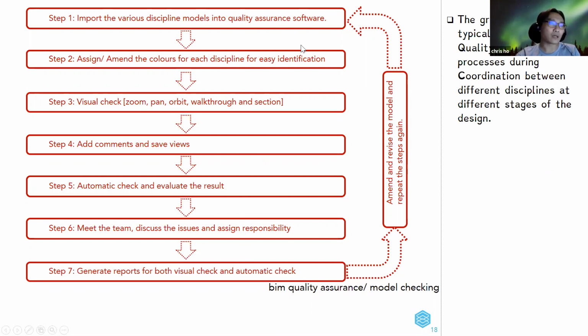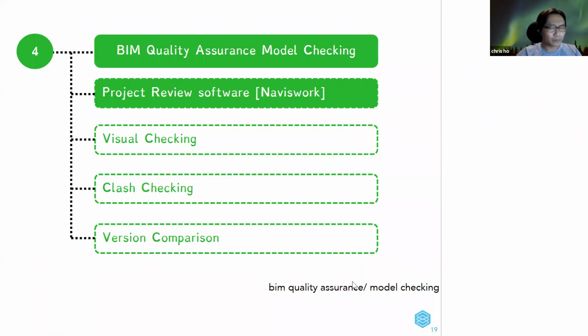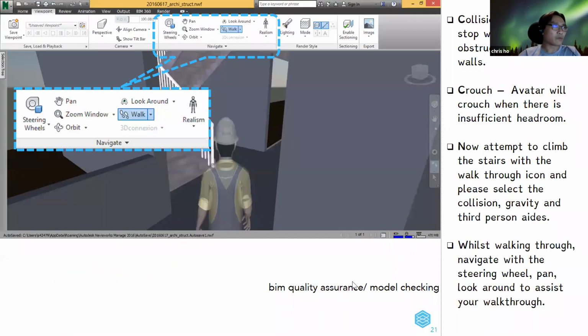After you have done your checking, you amend it, you revise it, then you go back to your assurance and the whole process starts again. So this is how we do quality assurance processes with more in-depth project review software like Navisworks or Solibri Model Checker. So now I'm just going to go into the BIM quality assurance model checking with Navisworks.